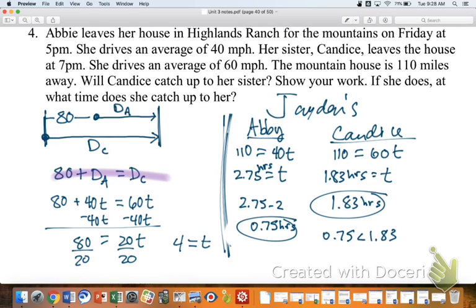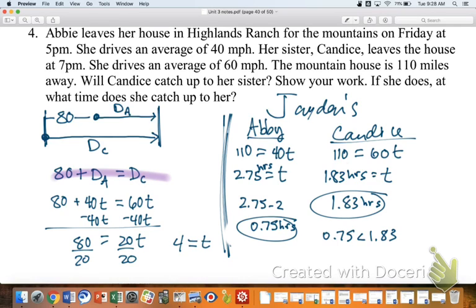I like it. Whit. I did the same way he did, except instead of subtracting 2, I added 5 to Abby's time and 7 to Candace's, because that's when they left. But we want to be really careful with that, though, because 5 p.m. and 7 p.m. are times of day. They don't really have anything to do with the time that it took you to travel to wherever you were going. That makes sense?